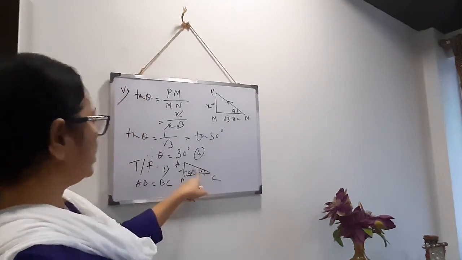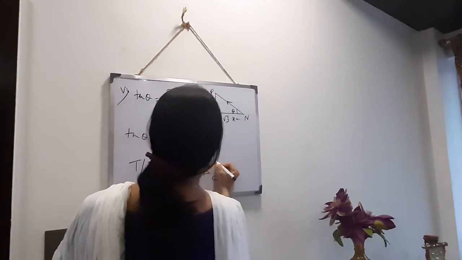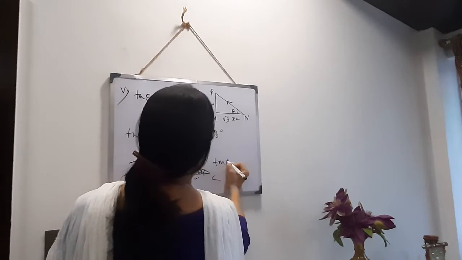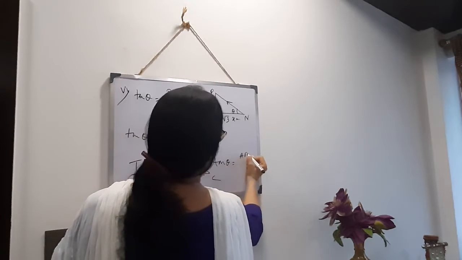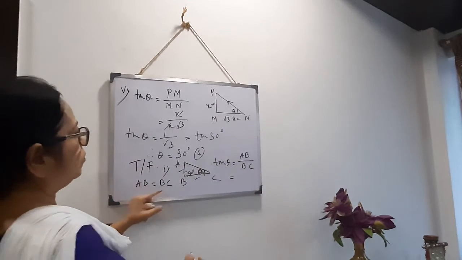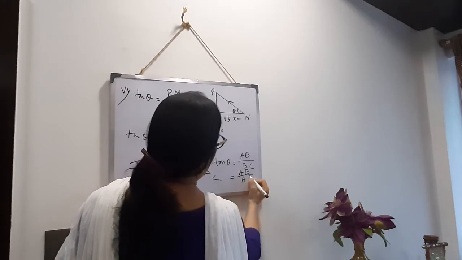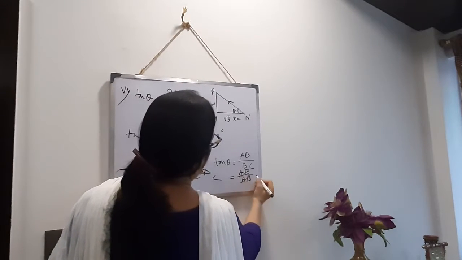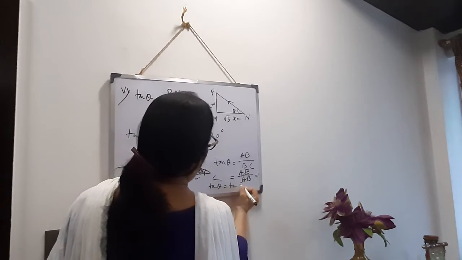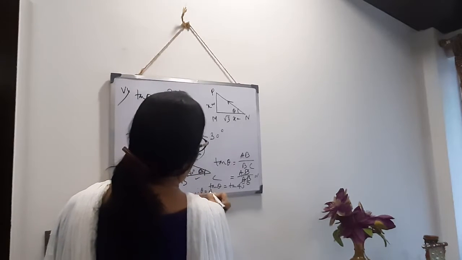Now 60 degree is not the answer. Clear? They are telling it, so we have to find out. I am considering let it be theta. So tan theta is AB perpendicular by base, and it is told that AB equals BC. So here in place of BC we can write AB. It is coming 1. You know 1 means tan 45 degree, clear? Therefore theta is coming 45 degree.